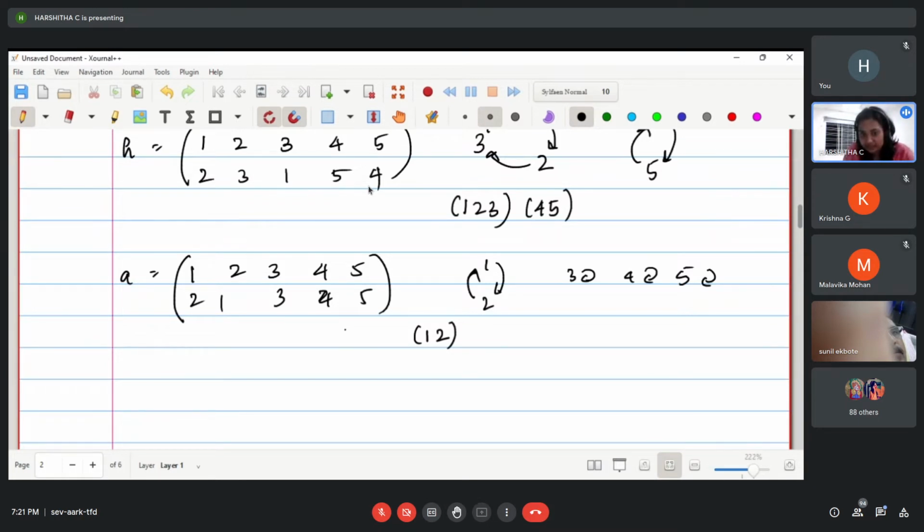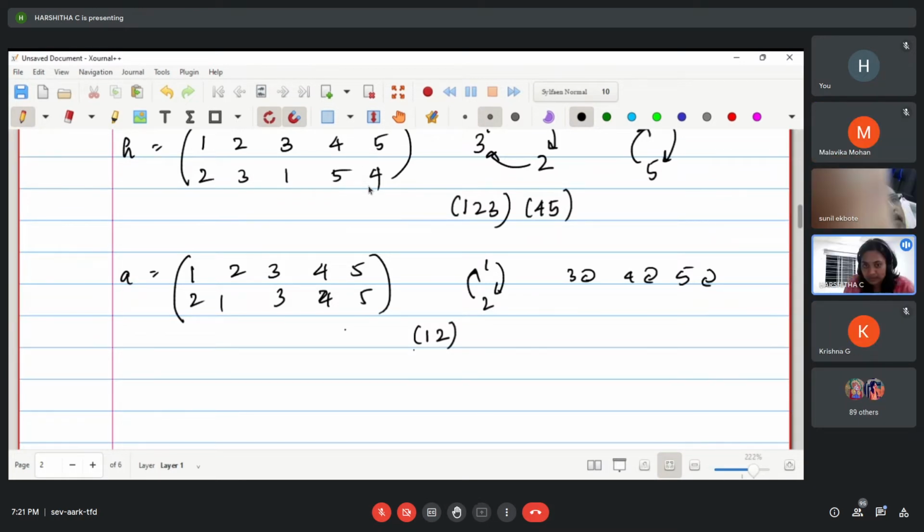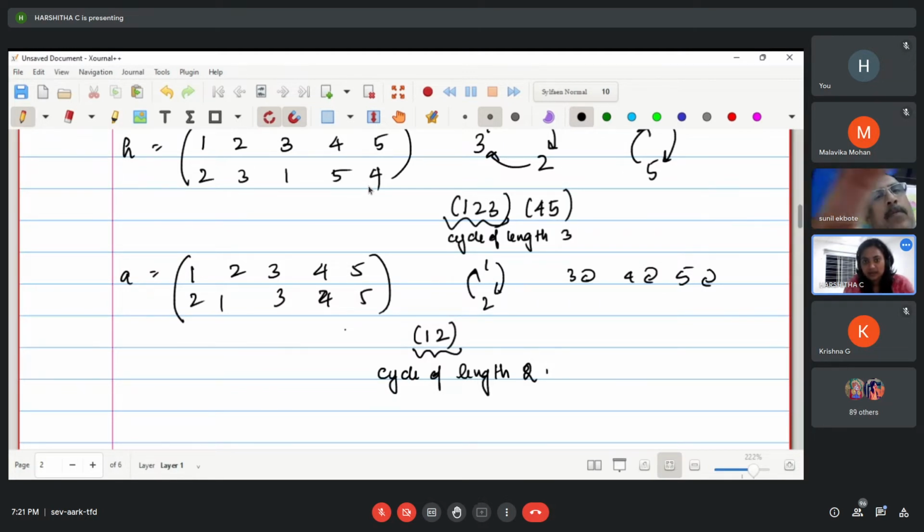The length of the cycle means the number of terms which come in the cycle. So this is a cycle of length 2. This is a cycle of length 3. If it is a cycle of length 2, we call it a transposition.